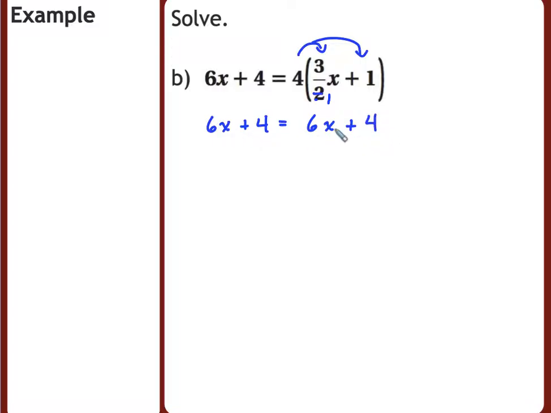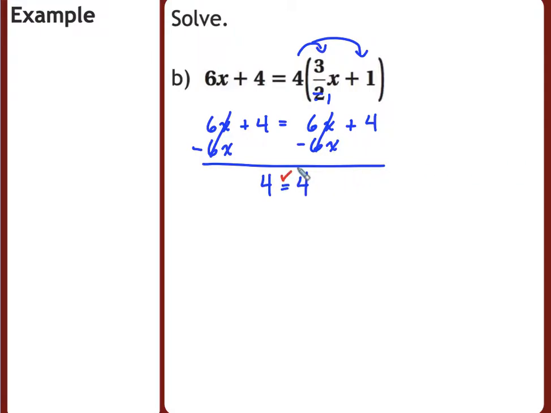You can see something very peculiar right now. These both are the same equation. Right here, this tells us no matter what I put in for x, these expressions will always be the same. So let's just see what happens if I subtract 6x from both sides. What's left on the left is 4, and what's left on the right is also 4.